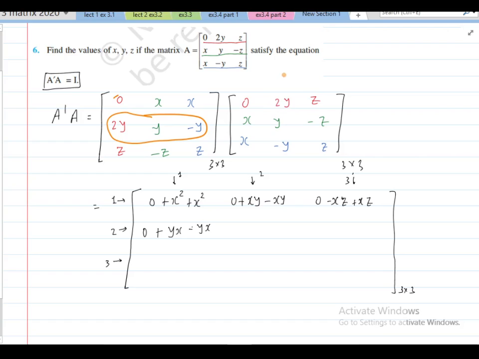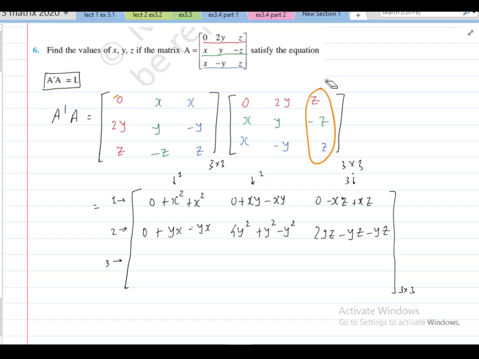Again we have to take the second column. 2 into 2 y's are 4y square, and y into y is y square and minus y square. And second row and last column, 2yz, z's are 2yz, then y minus z minus yz minus y plus z minus yz.